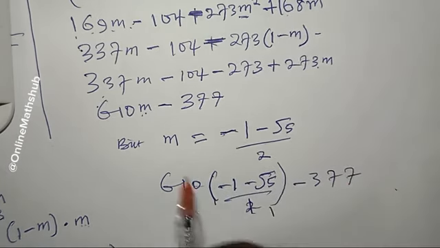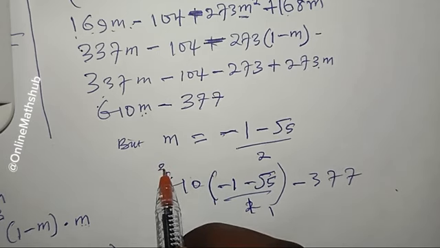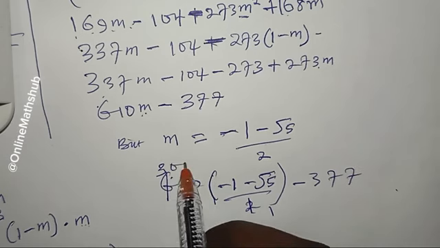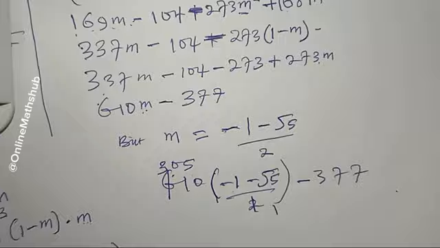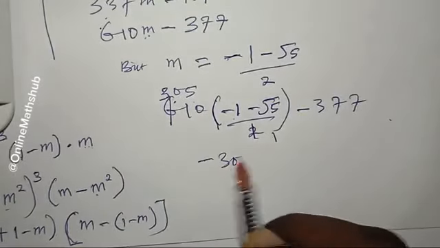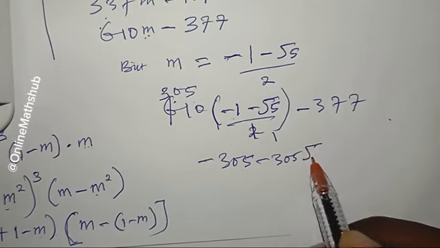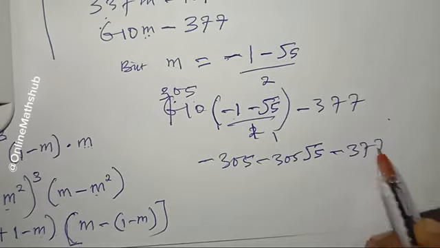So 2 divide itself, and then 2 divide 6 here is 3. So and then 2 divide this one, we have 305. Right? If I now use this 305 to multiply it through, what I'm going to be having is minus 305 minus 305 root 5. Okay, and then of course minus 377.